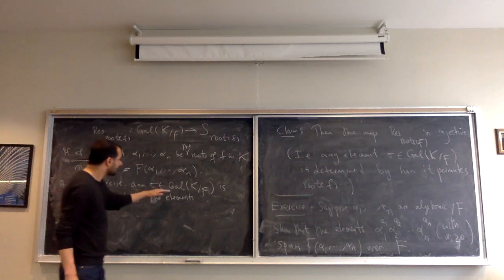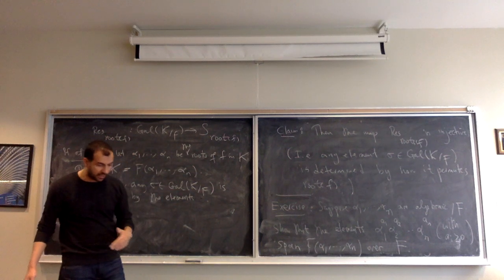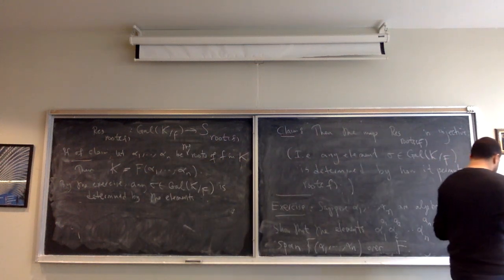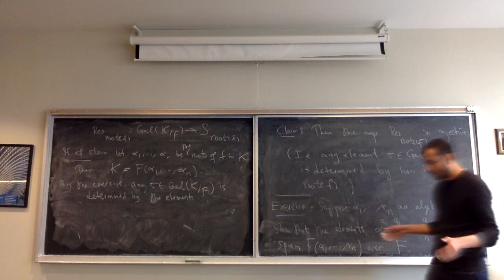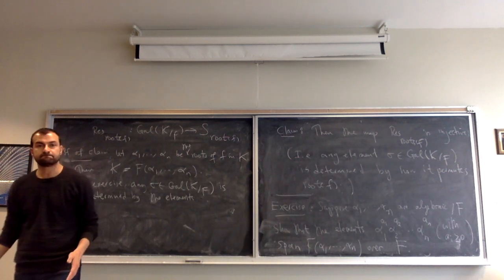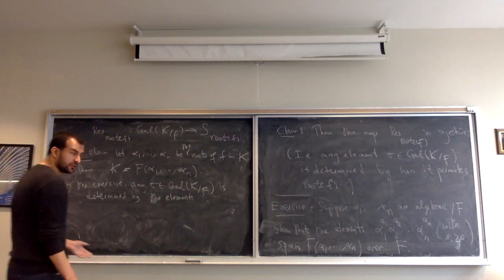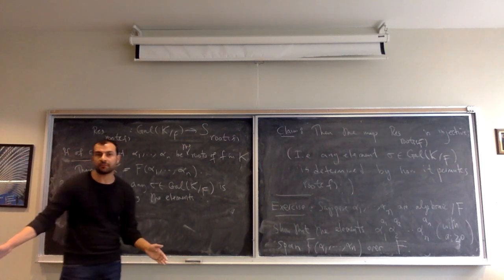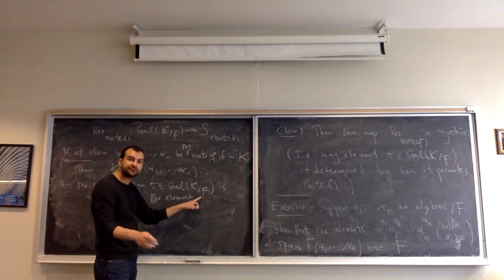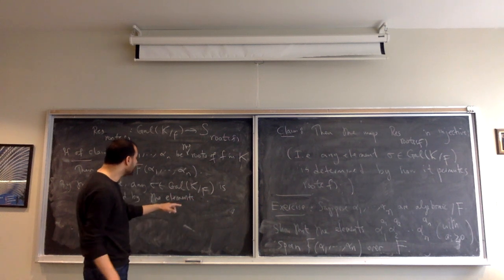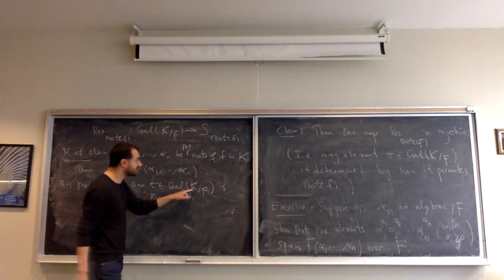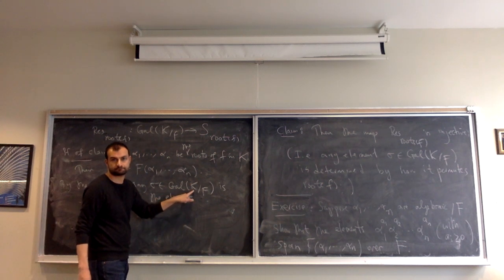So now, remember from linear algebra, if you have a linear transformation, the linear transformation is determined by where it sends a spanning set of the domain, right? If you know where it sends a spanning set, then you know the map. Now here, your element of the Galois group of K over F, because it fixes F, is determined by where it sends a spanning set of K over F, right?